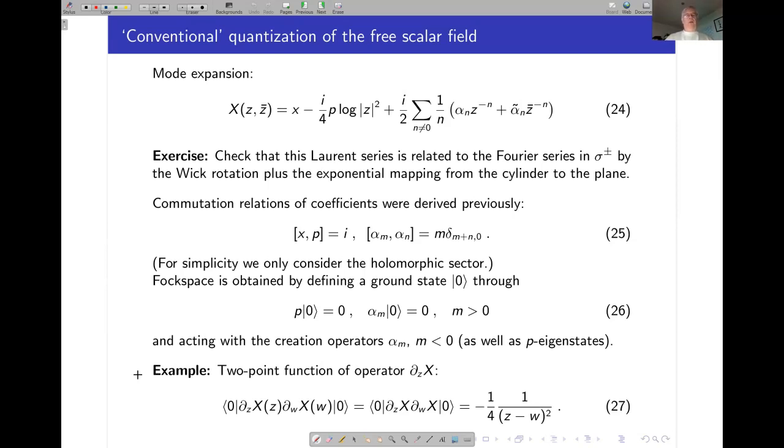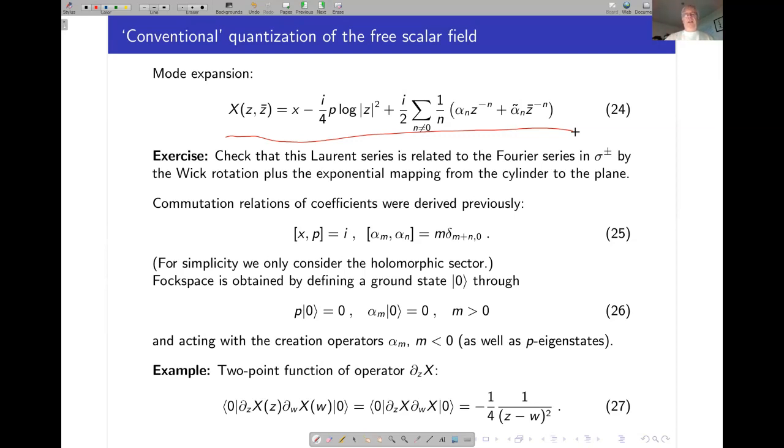So how do we normally proceed when we quantize a quantum field? Well, we solve the classical equations of motion and then get a mode expansion, which for us, from the previous results and continue to the complex plane, takes this form here. So we have, as a constant term, the term proportional to p has become a term which is logarithmic in z.